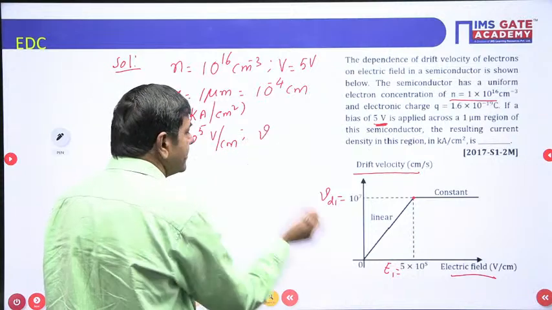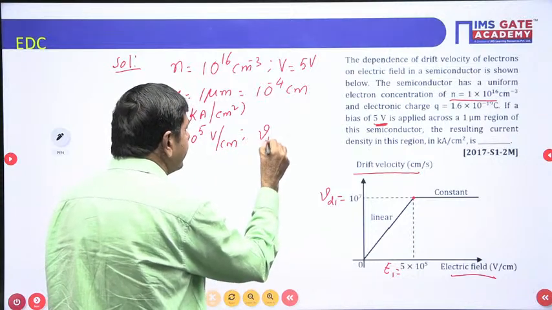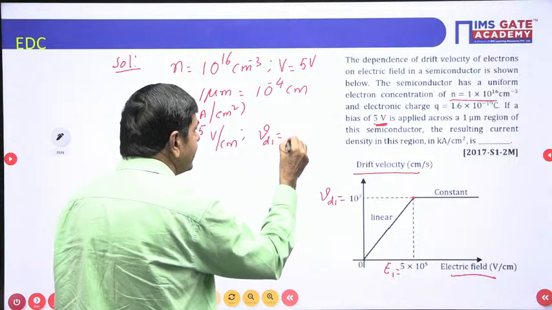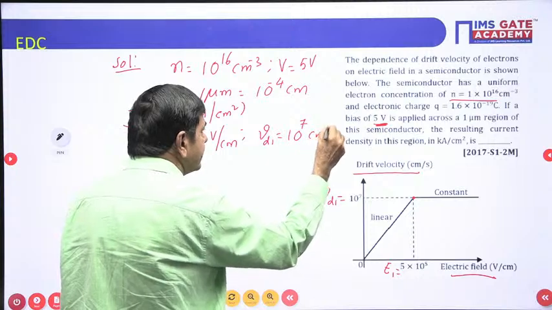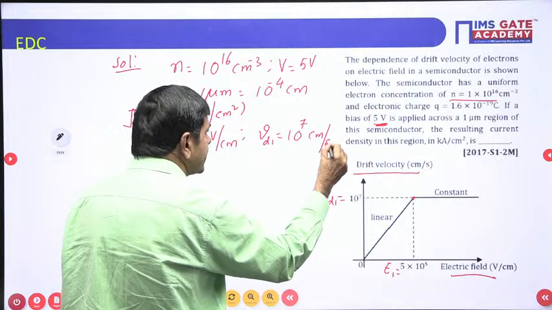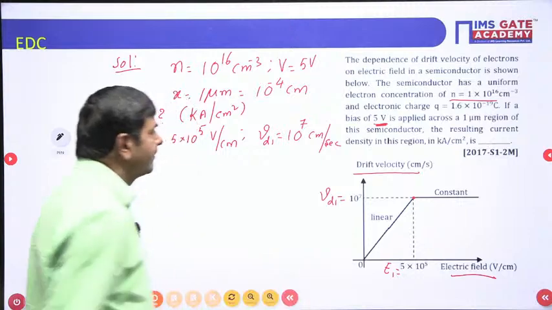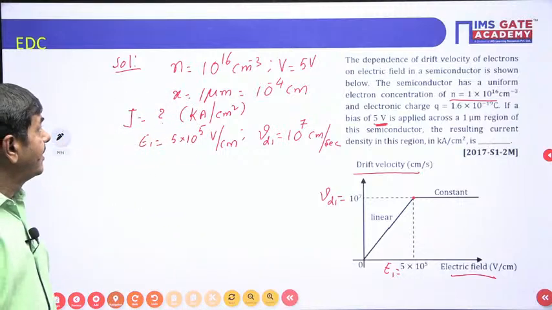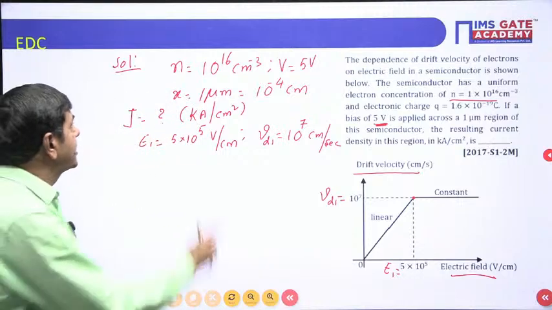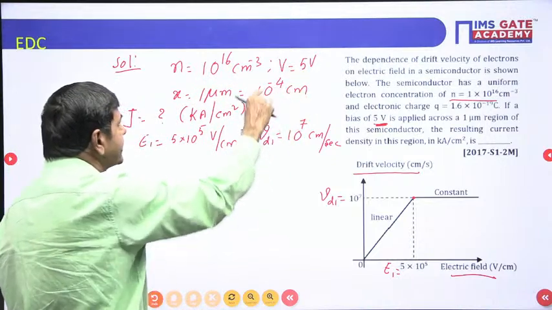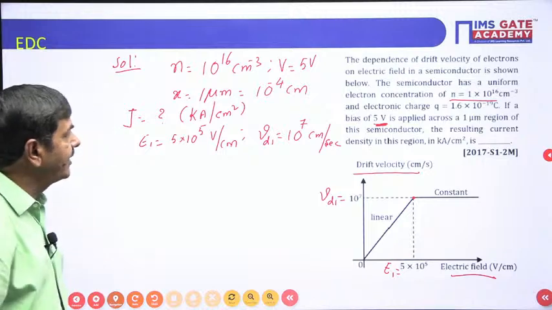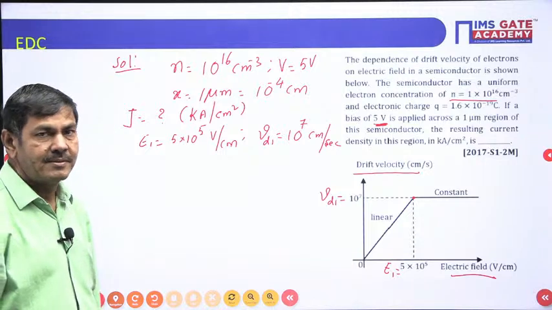At this intensity, drift velocity VD1 is given as 10 power 7 centimeters per second. This is linear only. But I want the concentration is this much, voltage is this much, and the length of the semiconductor is 10 power minus 4. You find out the J value.